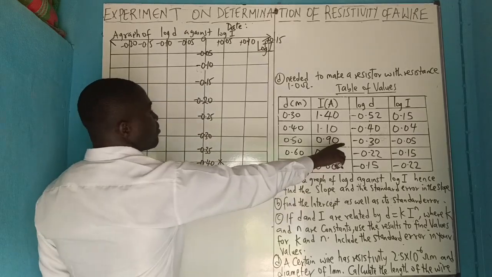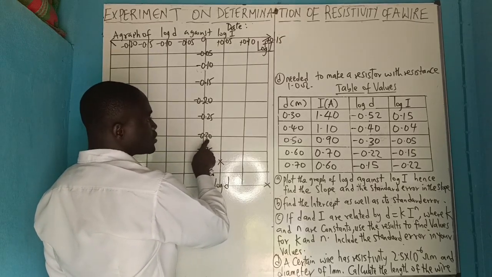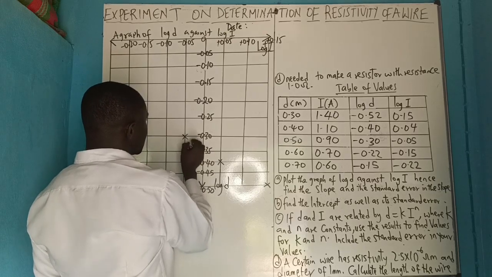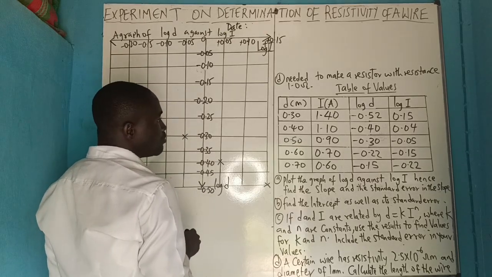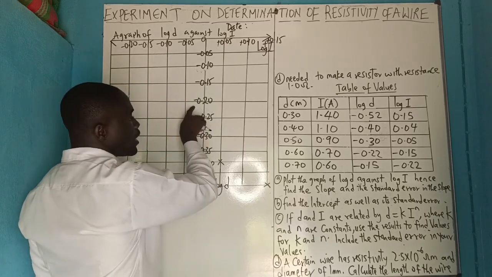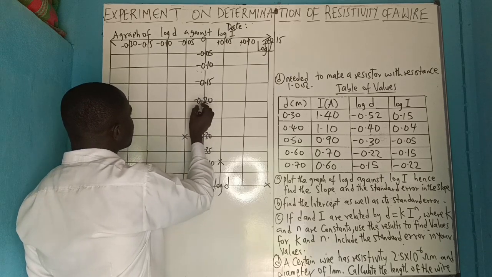Then minus 0.3 against minus 0.05. We take here. Minus 0.22 against minus 0.15.